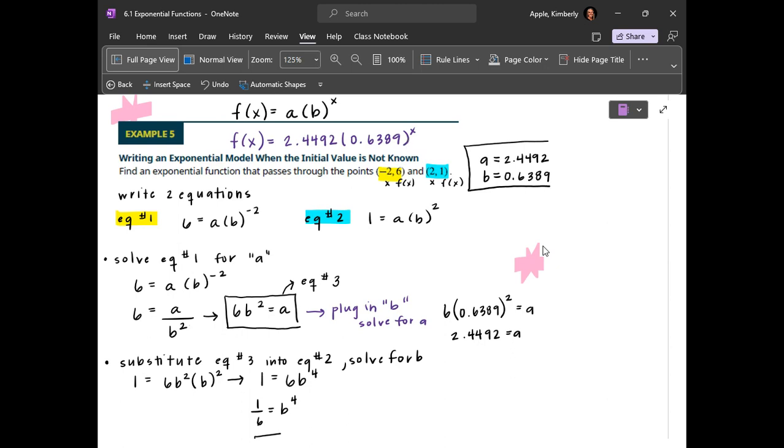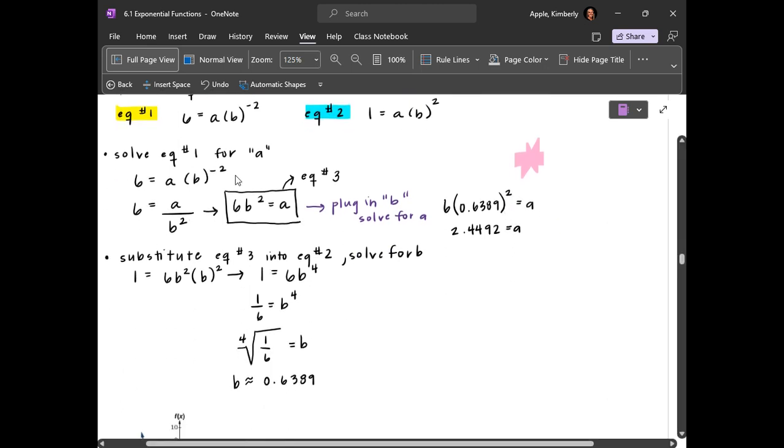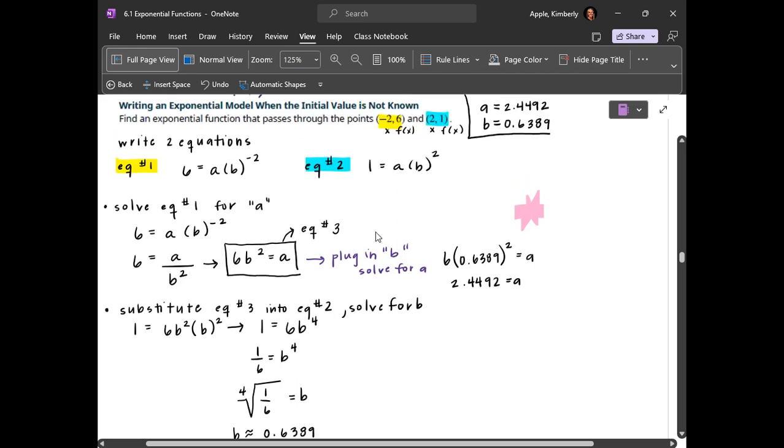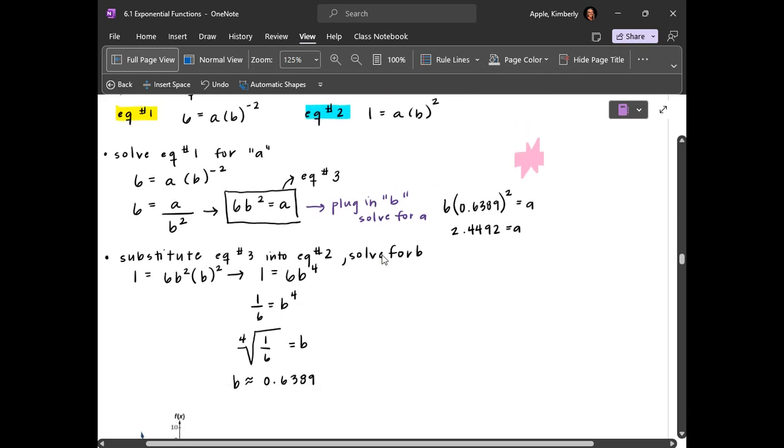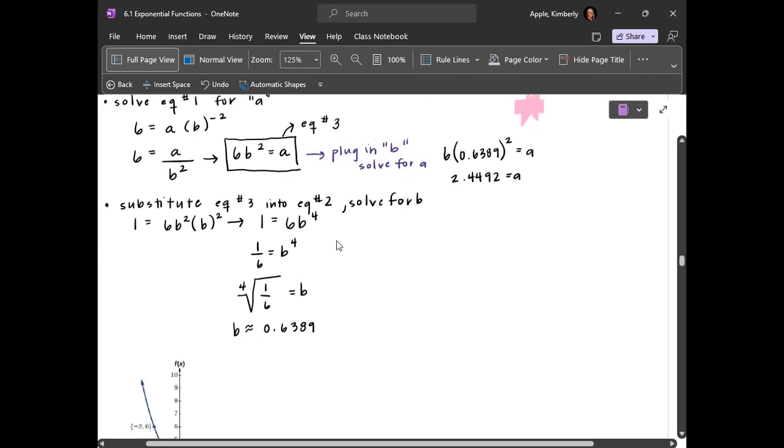In order to do that, I have to write two equations using the input-output pairs that I'm given. Solve the first one for a. Take the resulting equation and plug it into equation 2, and then solve that equation for b.